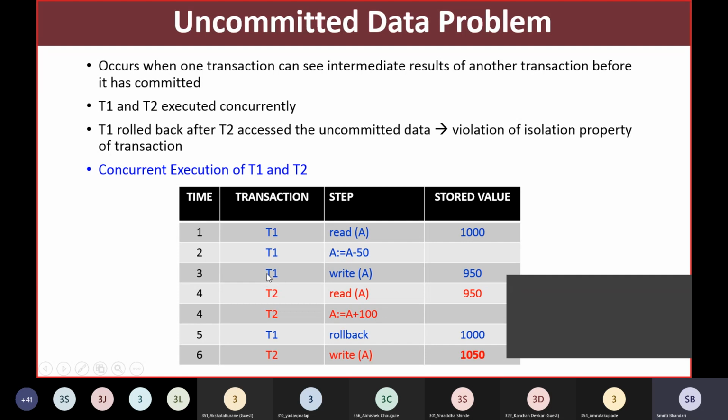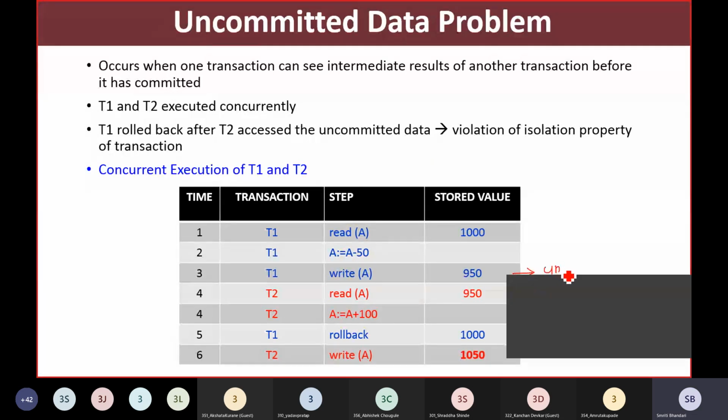Okay. T1 has not yet committed, or even T1 has not rolled back, right? But my system is allowing T2 to read this uncommitted balance, this uncommitted data.